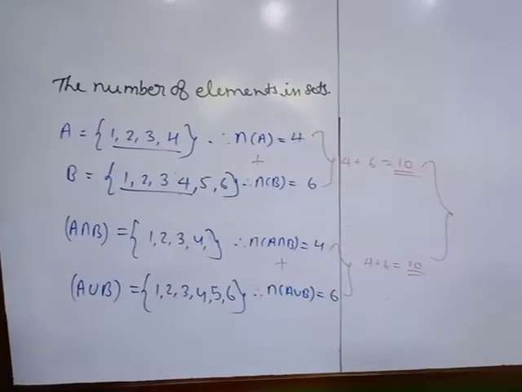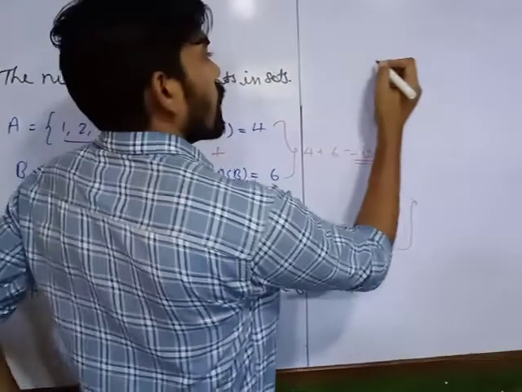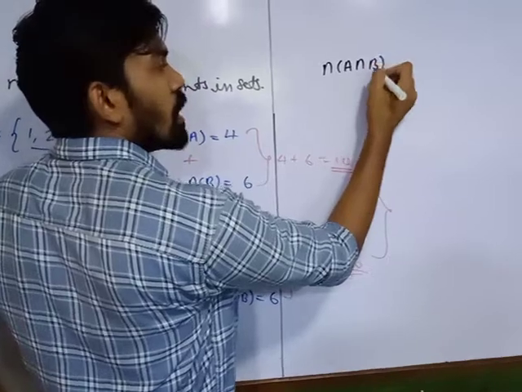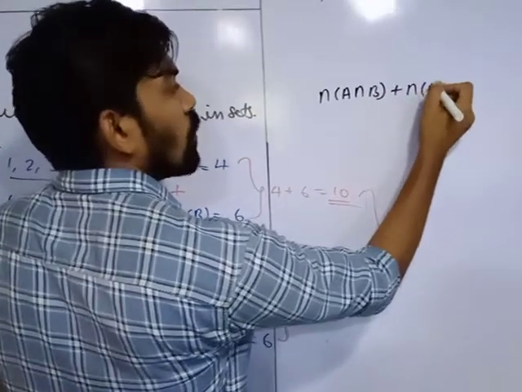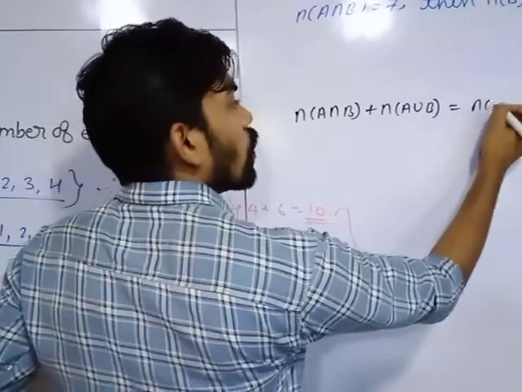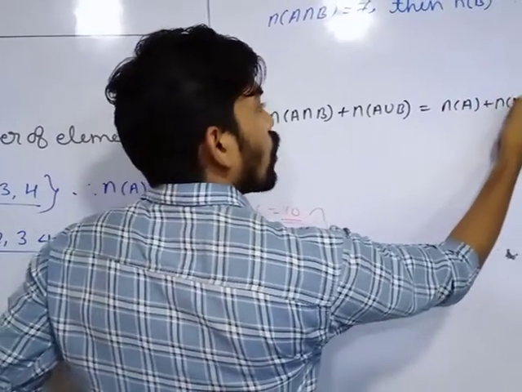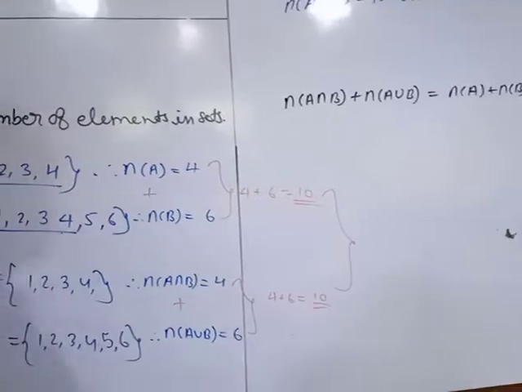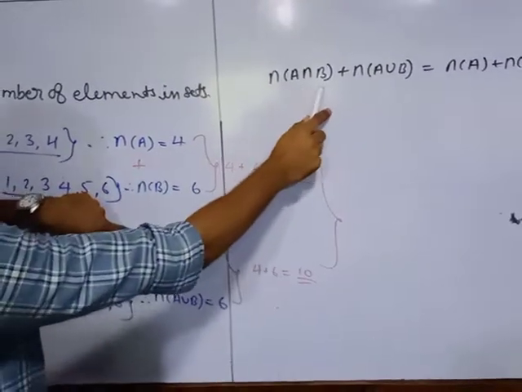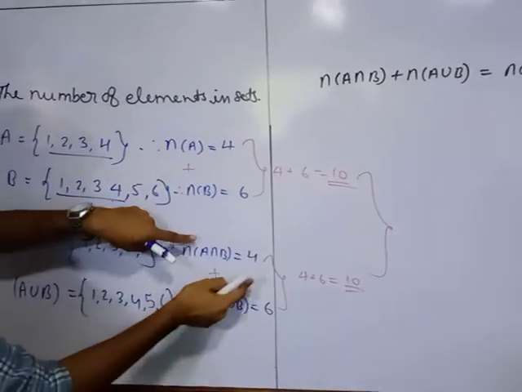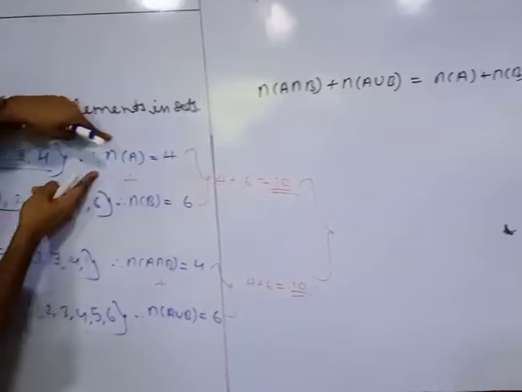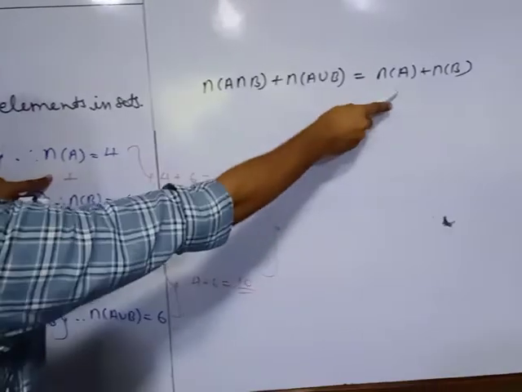Can we write it this way: n(A intersection B) plus n(A union B) is equal to n(A) plus n(B)? We got 10 here and 10 here.